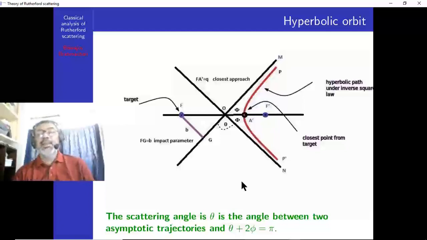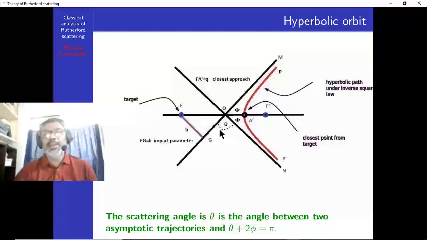So these are the relations that we will use. First the epsilon in terms of cos phi, then the scattering angle in terms of phi, then the closest approach in terms of OF and cos phi, and then the impact parameter in terms of OF and sin phi.